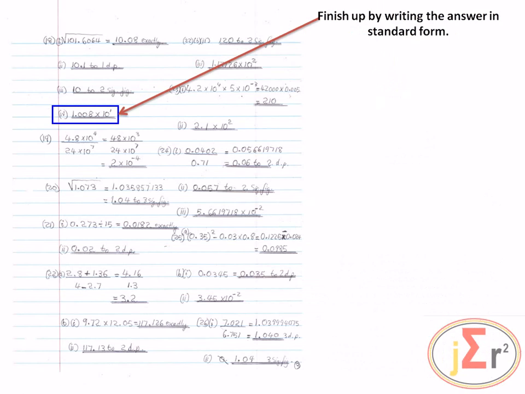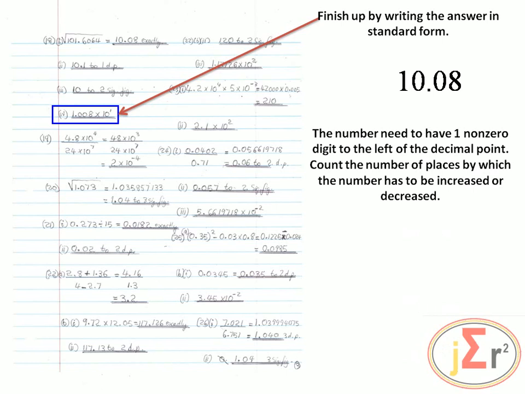Finish up this section by writing the answer in standard form. Write that in standard form. The number needs to have one non-zero digit to the left of the decimal point.